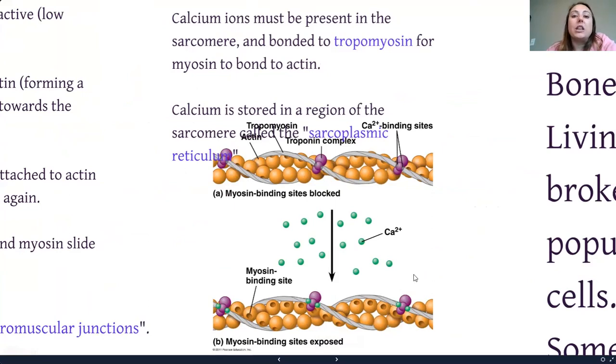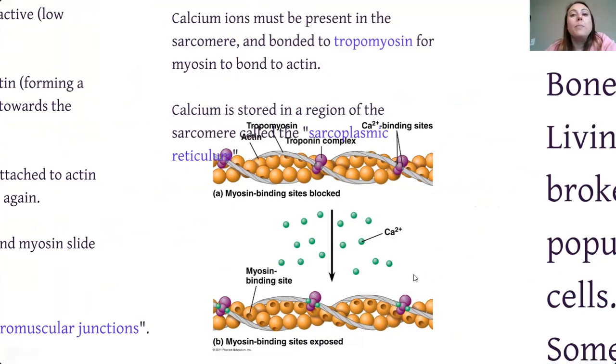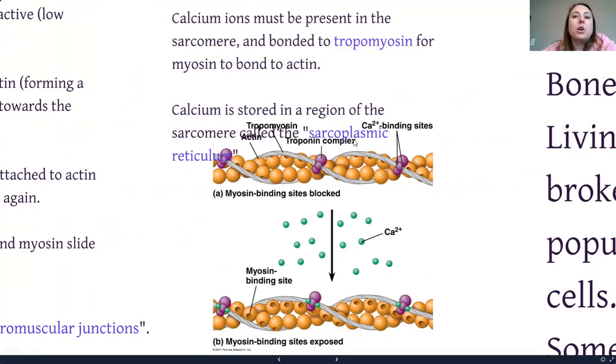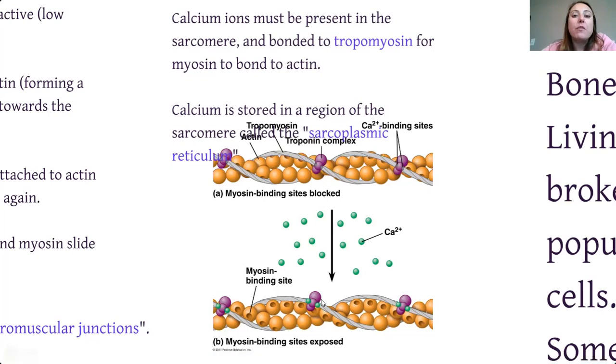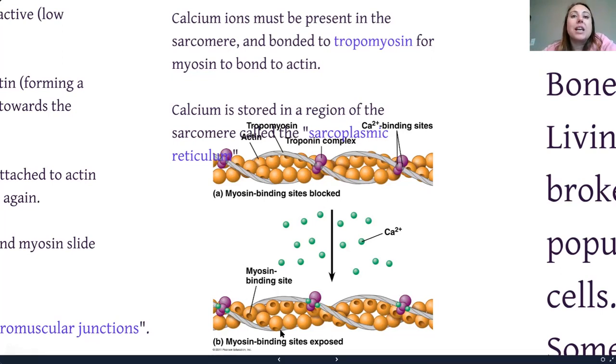Remember how we're going to convert that electrical signal into a chemical signal? When that electrical signal comes down, the calcium begins to flood in, and then the neurotransmitters are released. In this case, that neurotransmitter causes these calcium molecules to bind to the troponin, that moves the troponin out of the way, and so the myosin binding site is now exposed and the head can attach.